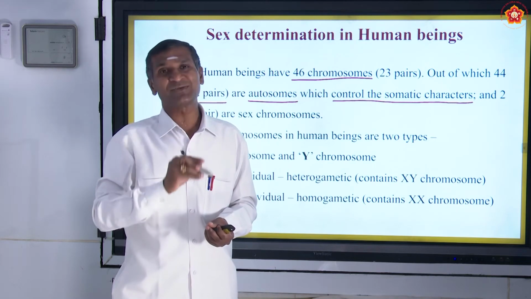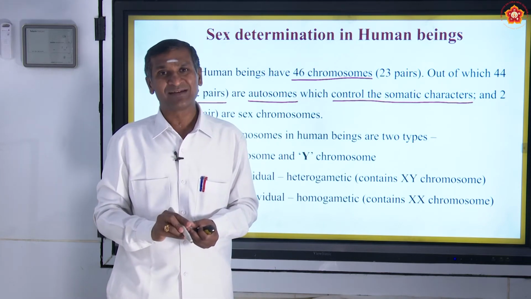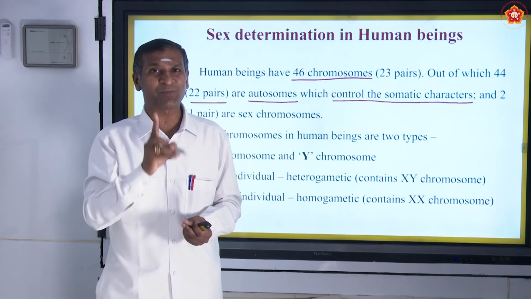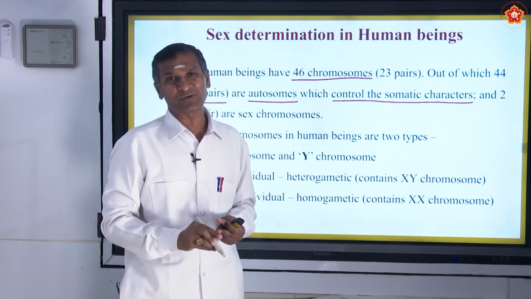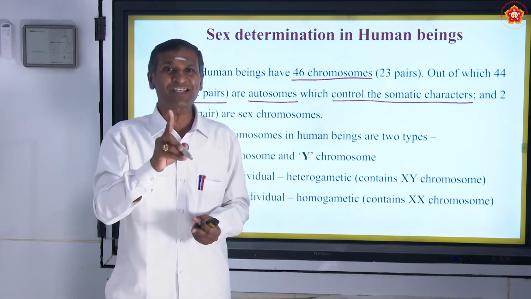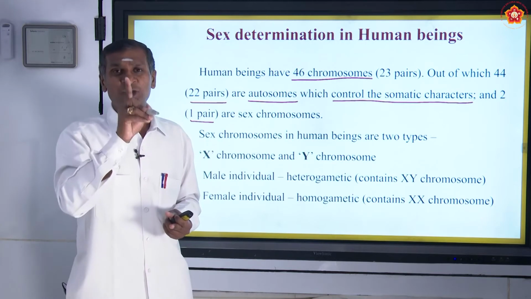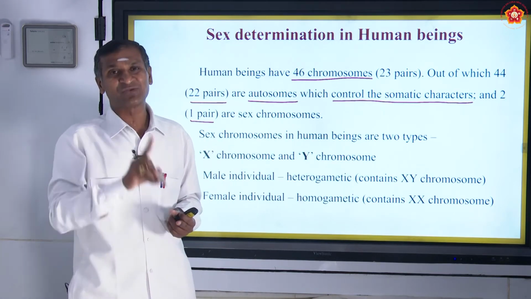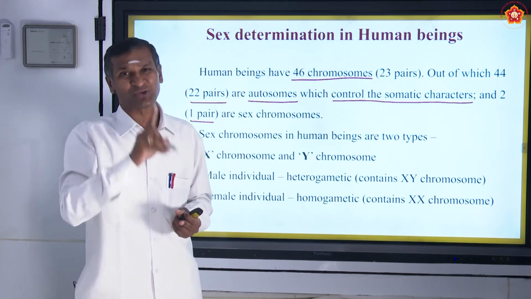Samarth and Sarthak are raising their hands to tell that human beings have how many pairs of chromosomes? 23 pairs, correct. Out of these 23 pairs, only 22 pairs are called autosomes.